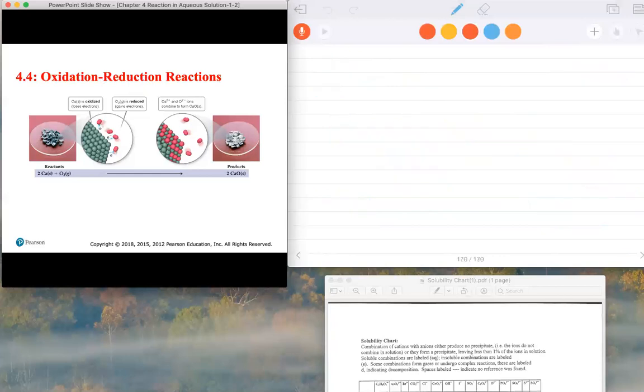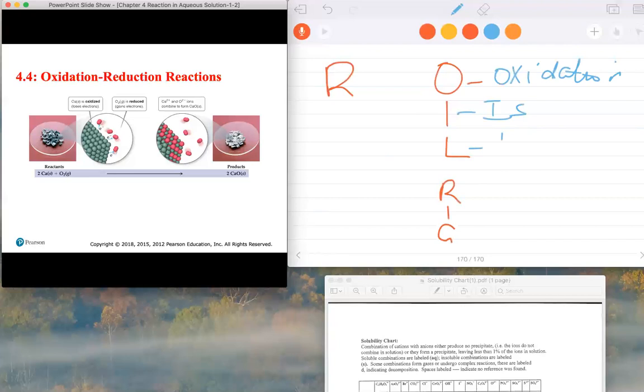If you want to commit to memory how you define that, they say OIL RIG. You can remember that: oxidation is loss of electrons.